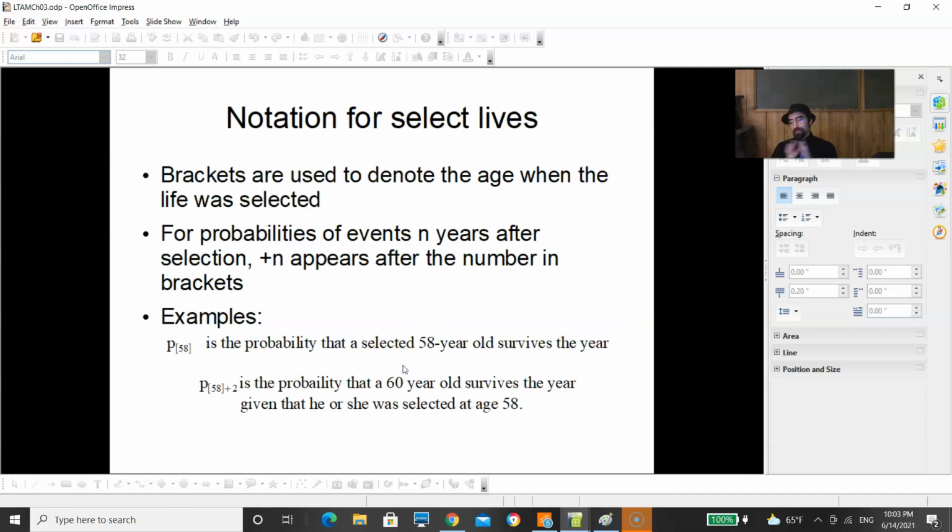There's one more major topic covered in Chapter 3. Select lives. As I mentioned in Chapter 1, to qualify for life insurance, you typically have to pass a physical, to make sure that there's not a strong possibility of imminent death.